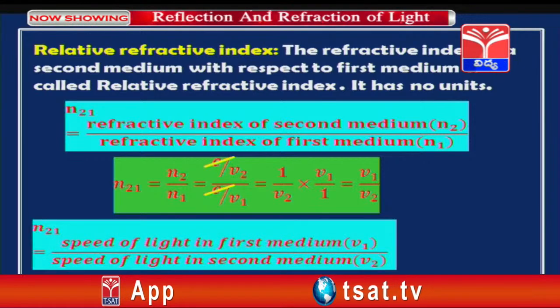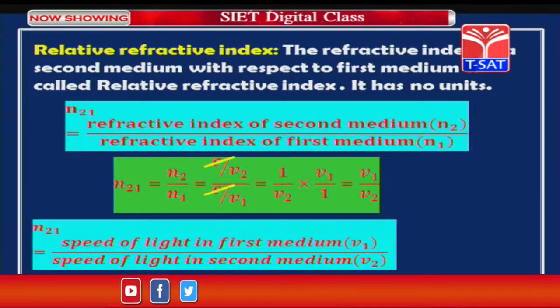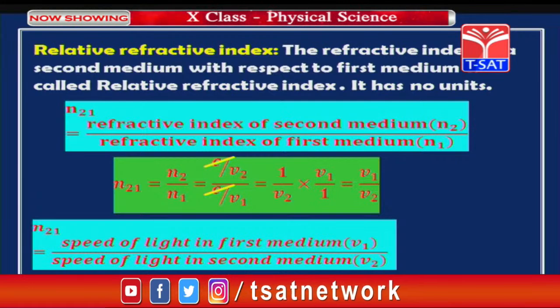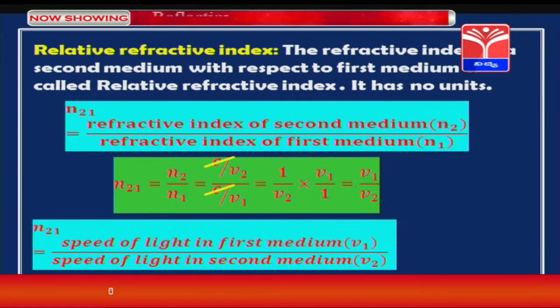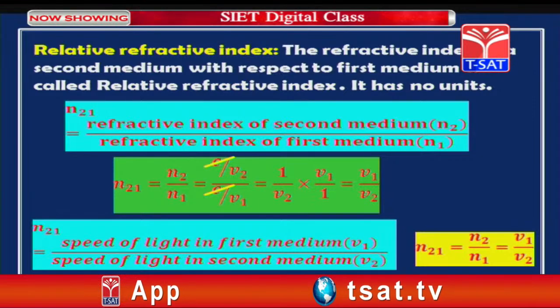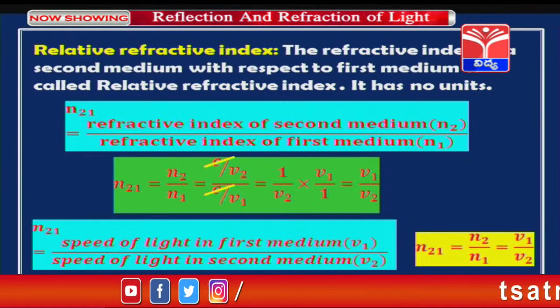So, the refractive index of the second medium with respect to the first medium is also equal to the speed of light in the first medium divided by the speed of light in the second medium. n21 is equal to the refractive index of the second medium by the refractive index of the first medium, or the speed of light in the first medium by the speed of light in the second medium.